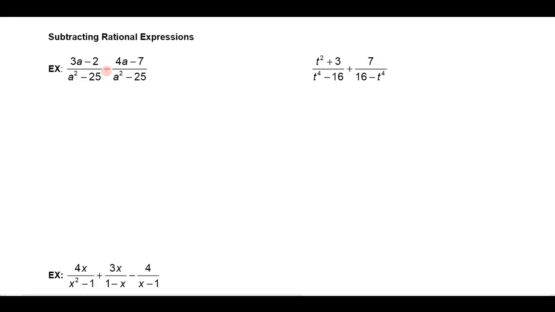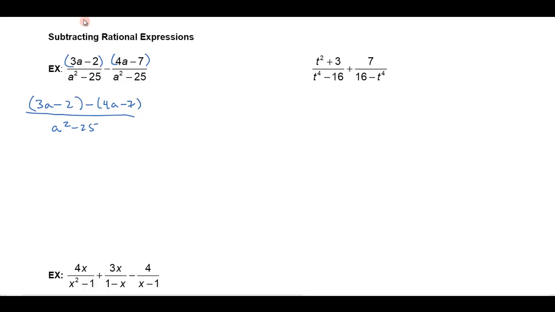you subtract, you'll notice here in our first example, this has a common denominator, but when you subtract, you have to subtract this whole numerator, which means you end up distributing that minus sign to each of the terms there. So what I've got here in slow motion is 3a minus 2, this numerator minus this numerator, all over that common denominator.